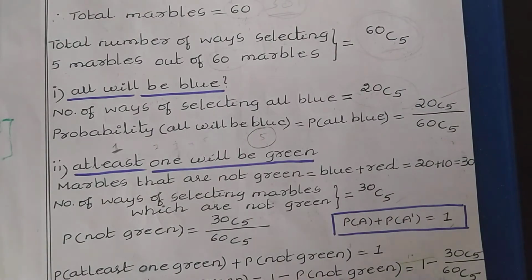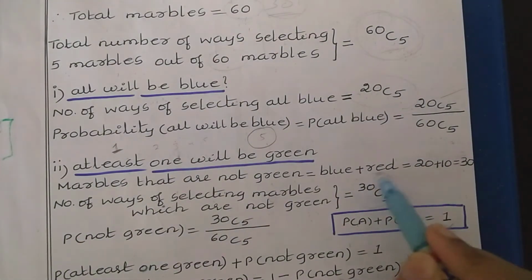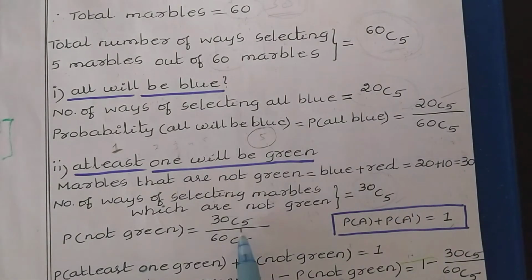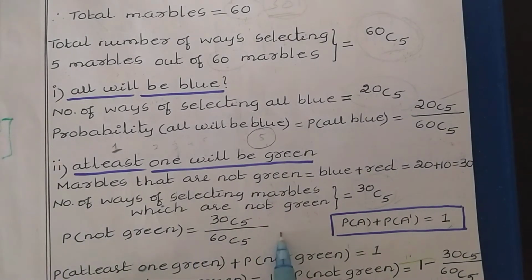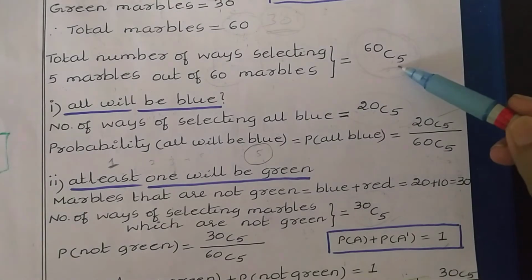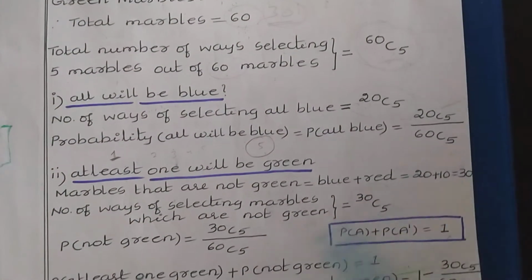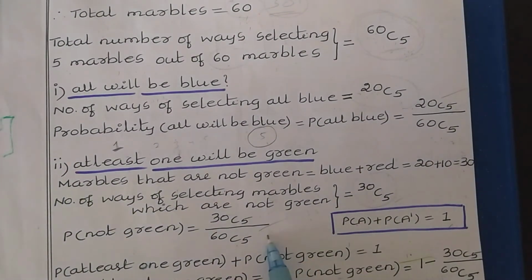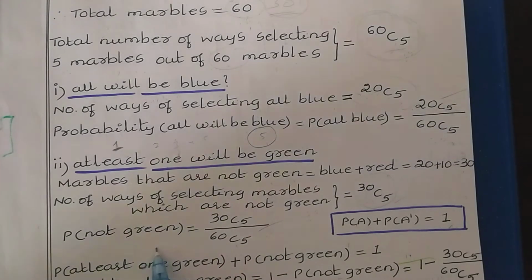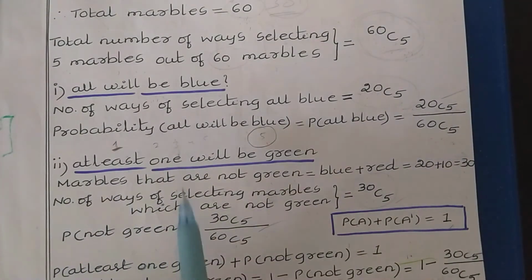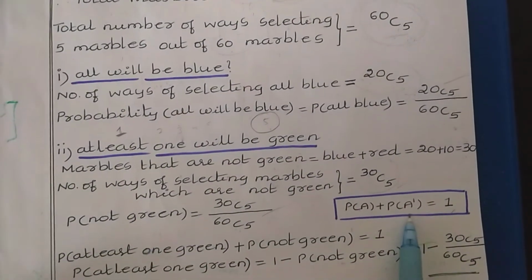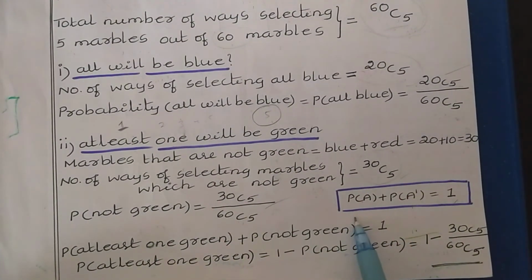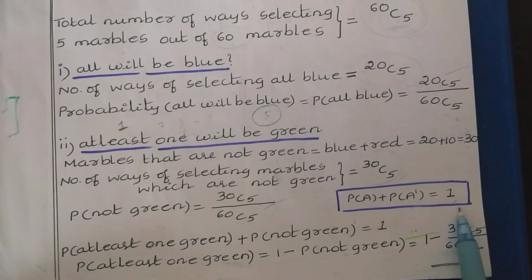Next here, let us find the probability of not green. The favorable outcome for not green is 30C5 divided by total possible outcome of the experiment, that is 60C5. So this is the answer for not green. But we are interested in finding at least 1 will be green. So for this, let us apply this formula. That is probability of A plus probability of not A is equal to 1.